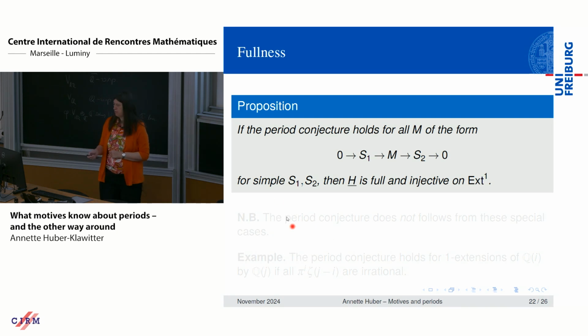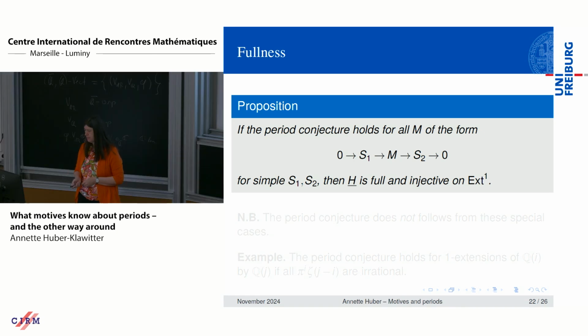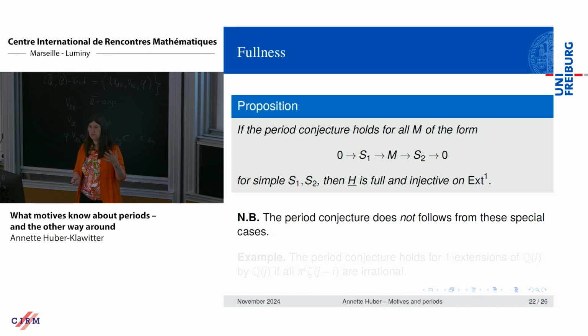So what you actually prove is you show fullness and injectivity on Ext^1 at the same time, and you do that by induction on the weight filtration. And if you want to do the exercise, you also need to use the fact that this category here has homological dimension 1. There's no Ext^2. This is not difficult. So fullness follows from these special cases, whereas the period conjecture does not.